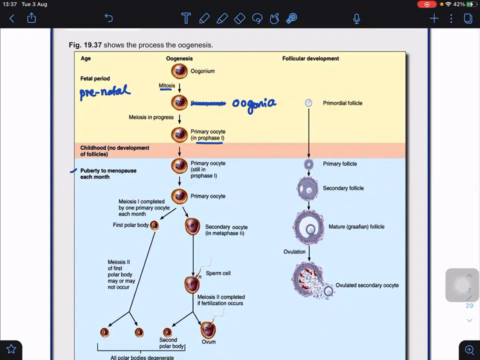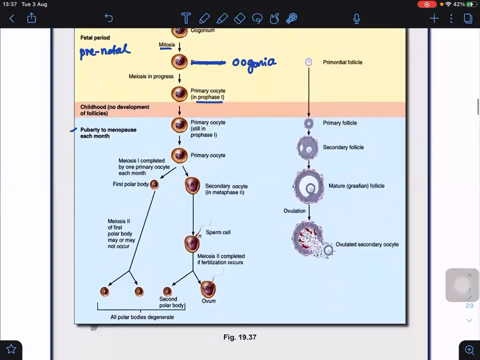So what will happen here is, if fertilization takes place, with the penetration of the sperm cell, then the cell will continue and complete meiosis 2. Again the cytoplasm will not be evenly distributed, so it forms one ovum and one second polar body.